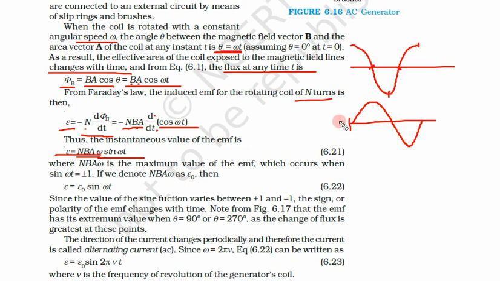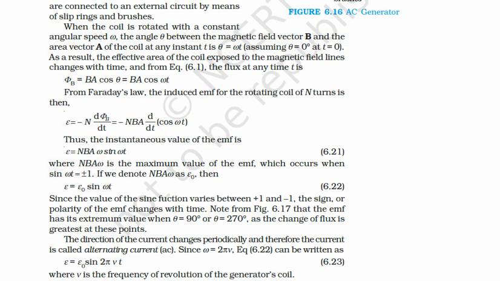Sine wave starts from 0, cos wave starts from 1. That is the only difference, otherwise both waves are the same. So here we started the rotation in a cos wave, and what we get in EMF? We get EMF in a sine wave.